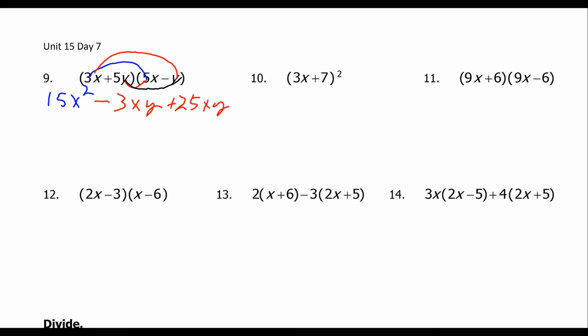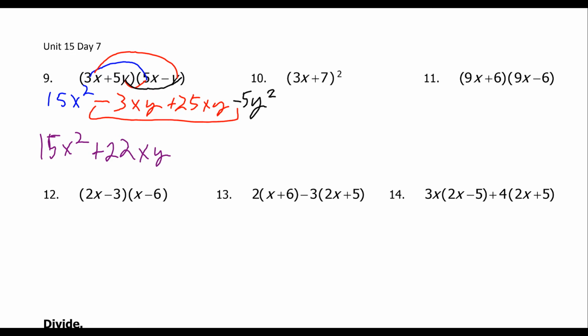And that's going to be minus 5y squared. And then once we combine this set of terms right here in the middle, it'll kick out something nice and neat for us. We got 15x squared plus 22xy minus 5y squared.